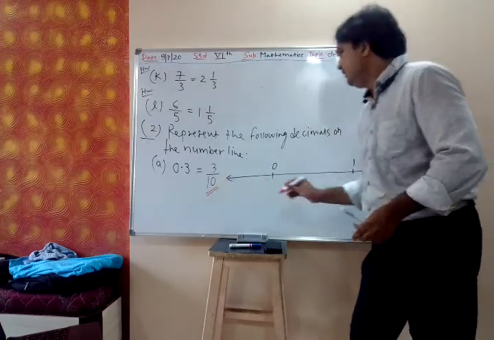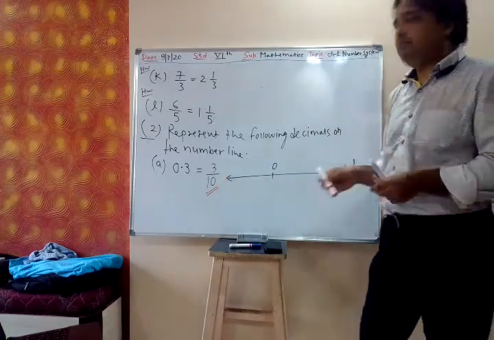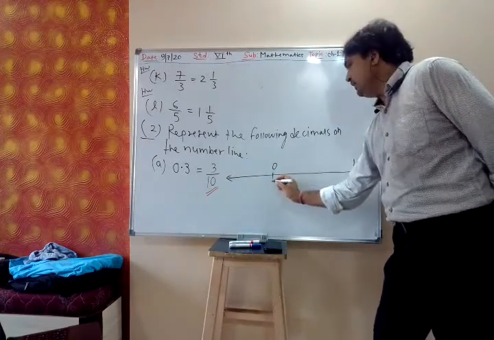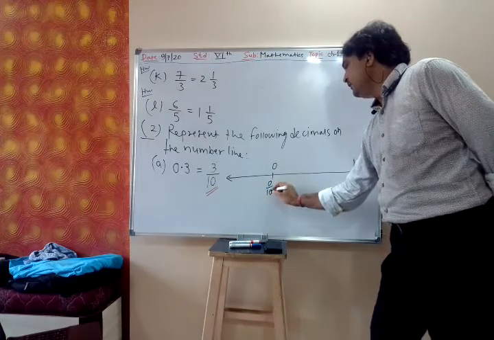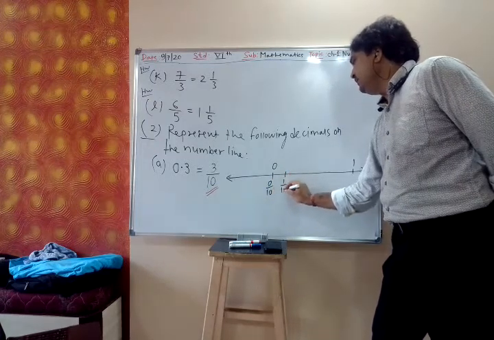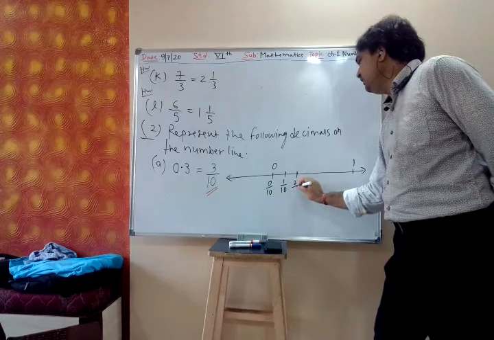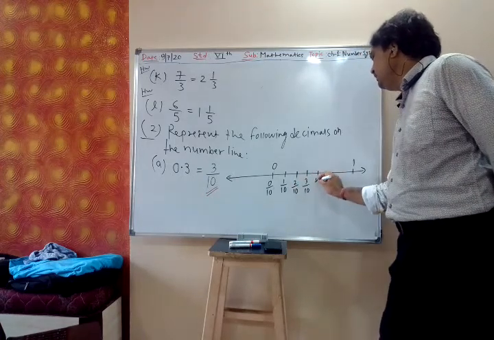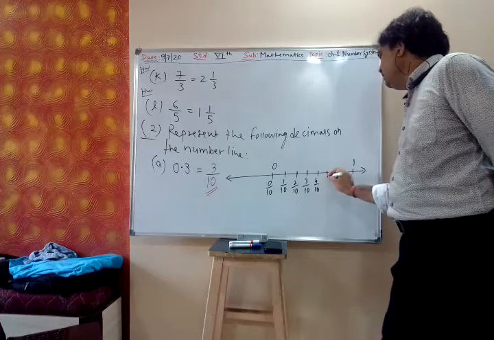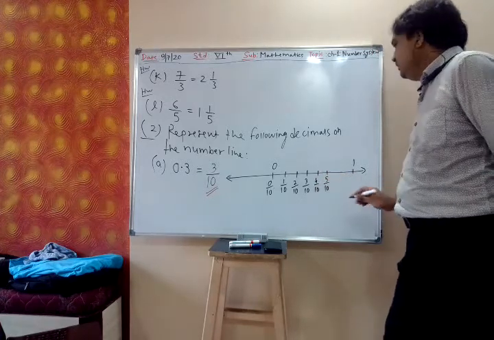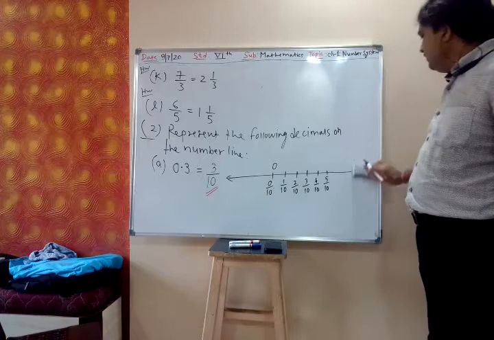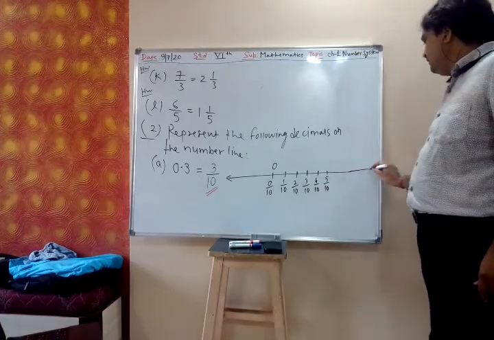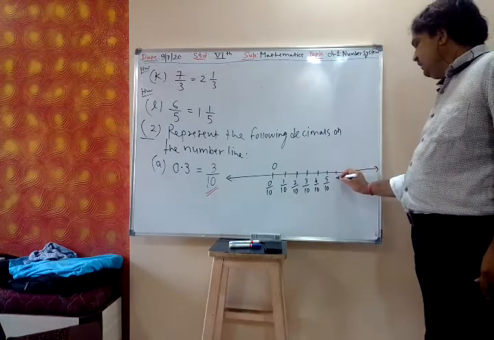Denominator is 10. So we have to divide the number line between 0 and 1 into 10 equal parts. So 0 I can write as 0 upon 10, then 1 upon 10, 2 upon 10, 3 upon 10, 4 upon 10, 5 upon 10.